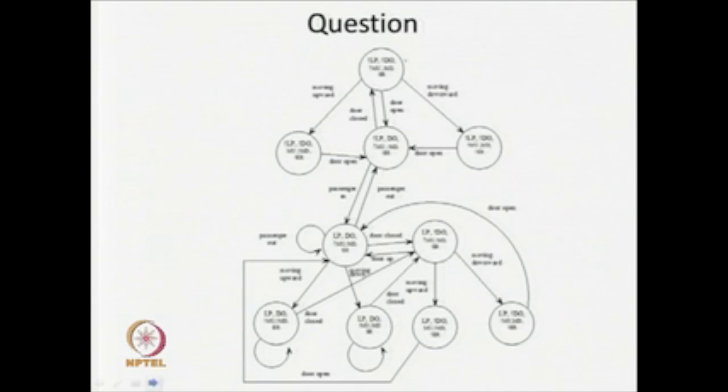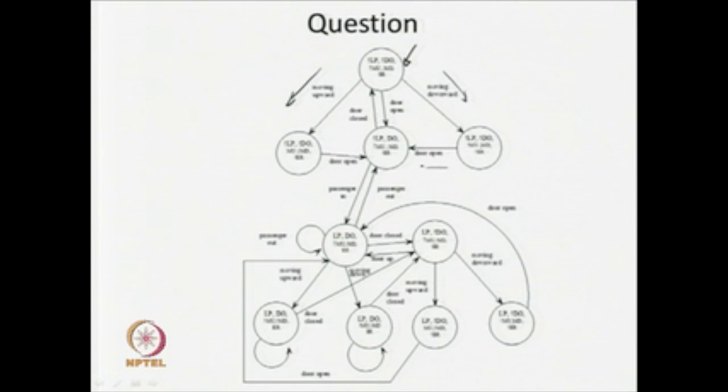Now, with the help of these we can come up with a model. Say this is a simplified model. This is one particular state, where it is not LP, not DO, not MU, not MD, and not ER. That means it is in the idle scenario. Depending on moving upward or moving downward, some of the signals will become true.